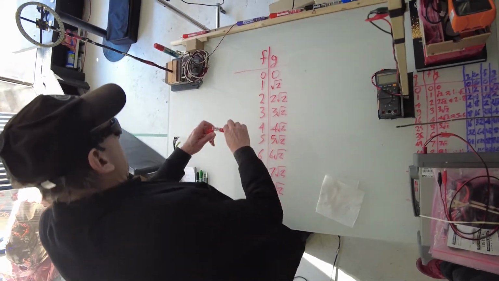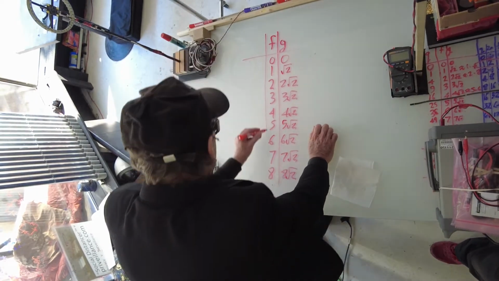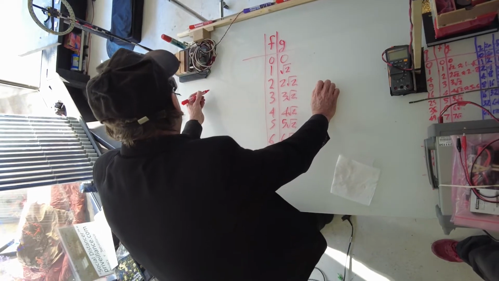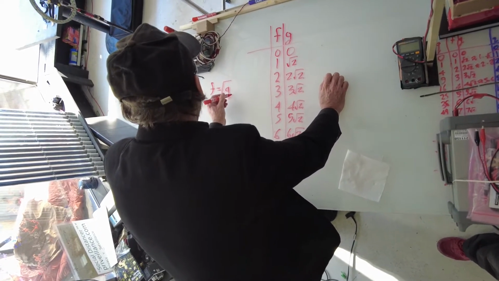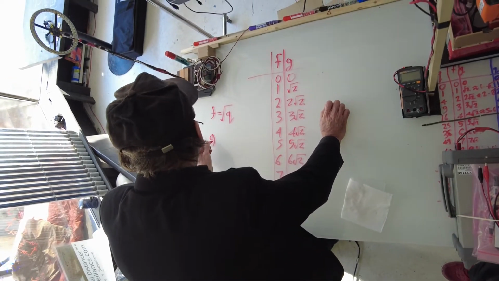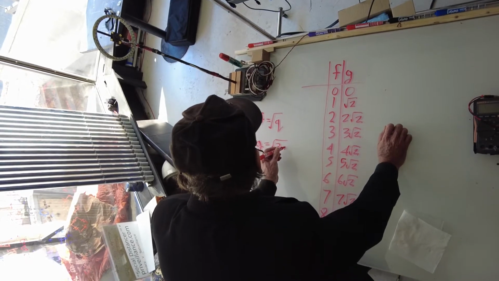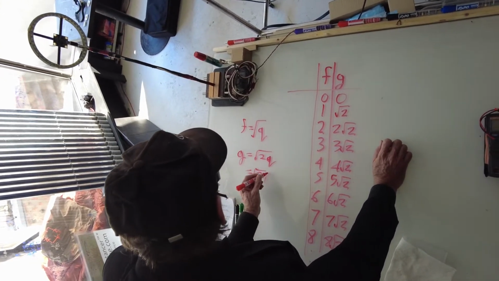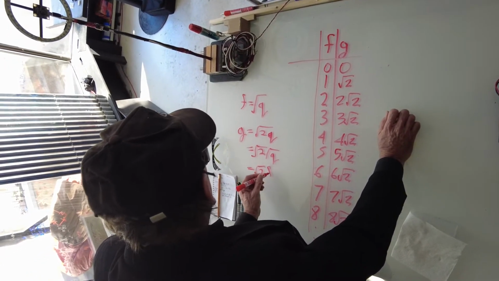And then implicitly underlying this, the example that we were considering, we were considering f equals square root of q, and g equals root 2 q, which equals root 2 root q, which equals root 2 f.